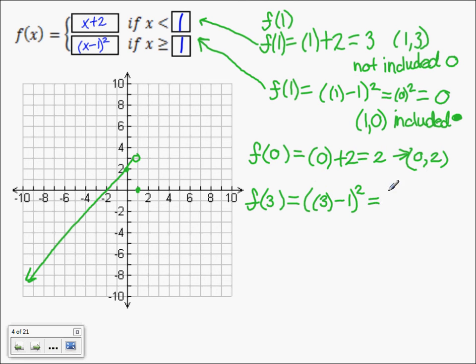That will give us 3 minus 1 inside, which is 2, squared gives us 4. So that makes the point 3 comma 4. And I believe, as you know, that since we have the x squared in this problem, we will have a parabola. We plot 3 comma 4.